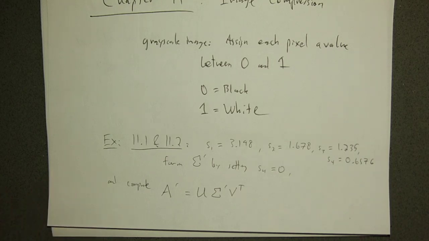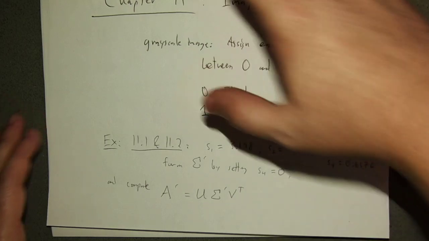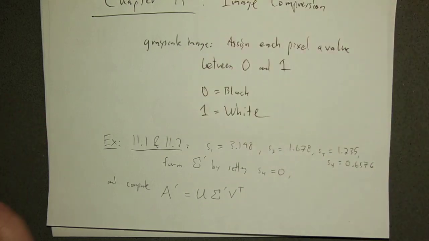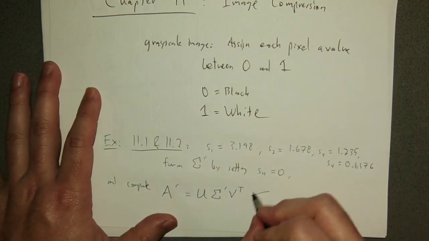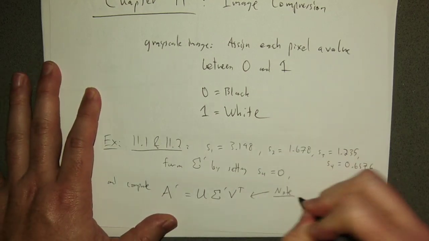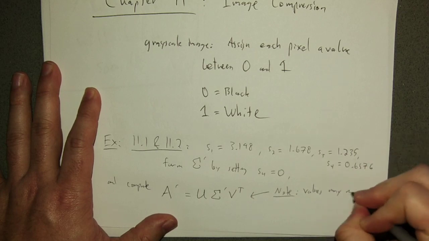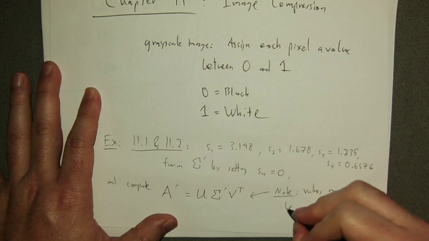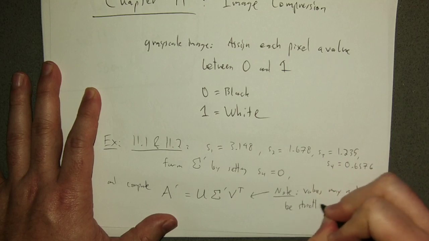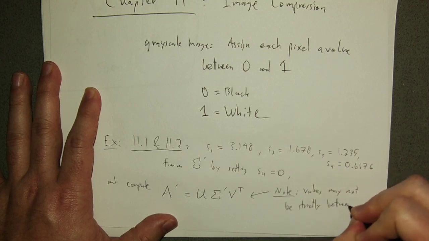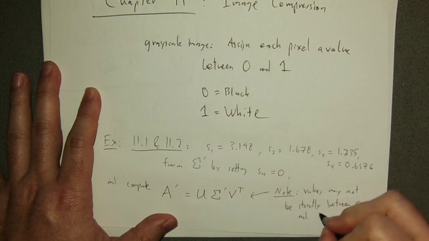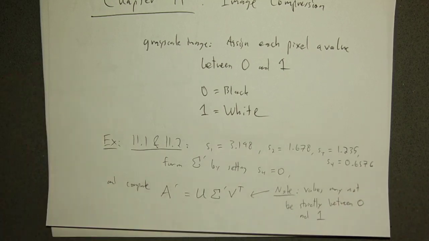In this example. And when this is done, you see that you get a matrix that has values that are not all strictly between 1 and 0. So note, values may not be strictly between 0 and 1. Okay.